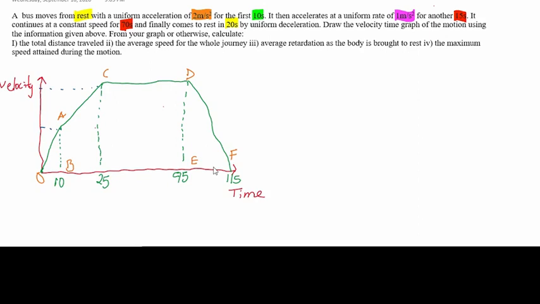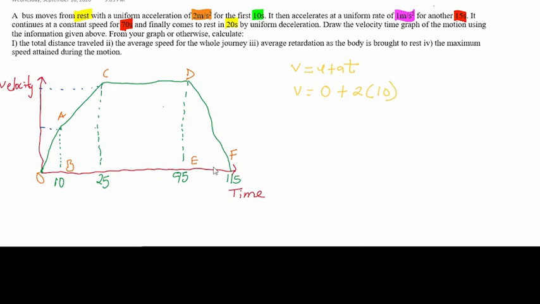To calculate the velocity attained at point A, we use the first equation of motion that says V is equal to U plus AT. The U here is the initial velocity, and since it's starting from rest, the initial velocity is 0, plus the acceleration it's traveling with, which is 2 meters per second square, multiplied by the time taken, which is 10 seconds.